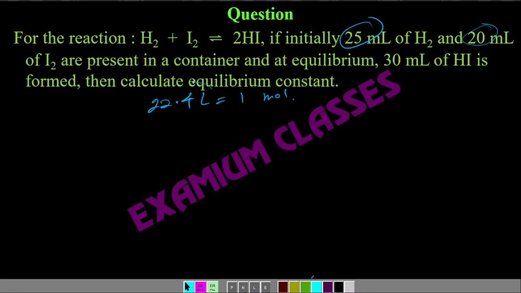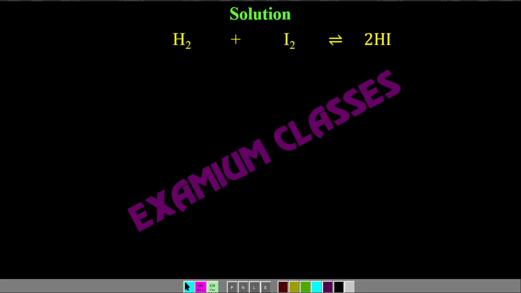So the volumes can be considered as a molar ratio, because the ratio of volumes and moles will be the same if we have a gaseous environment, all gaseous reactants and all gaseous products. So initially we have hydrogen as 25 milliliters, iodine as 20 milliliters. Treat these as number of moles and do the same thing we have done earlier.